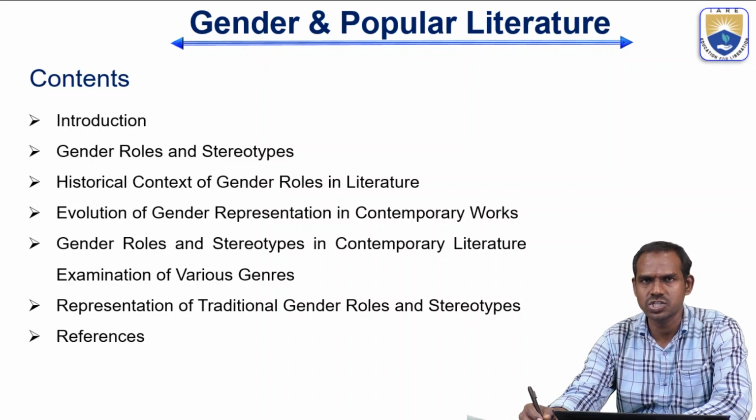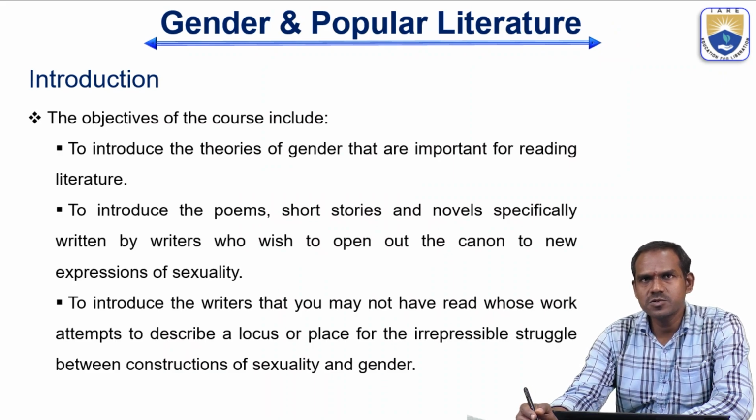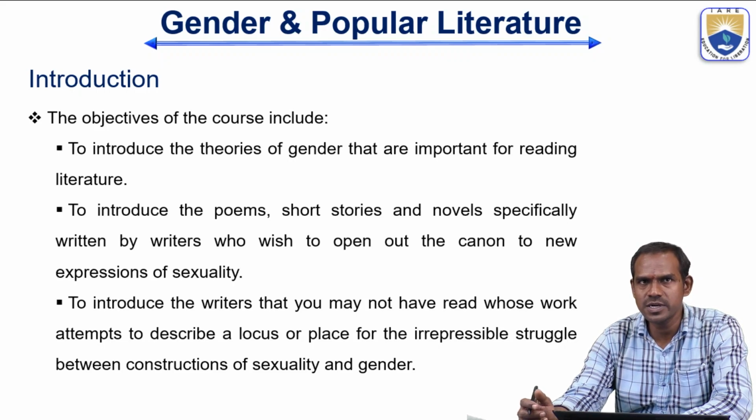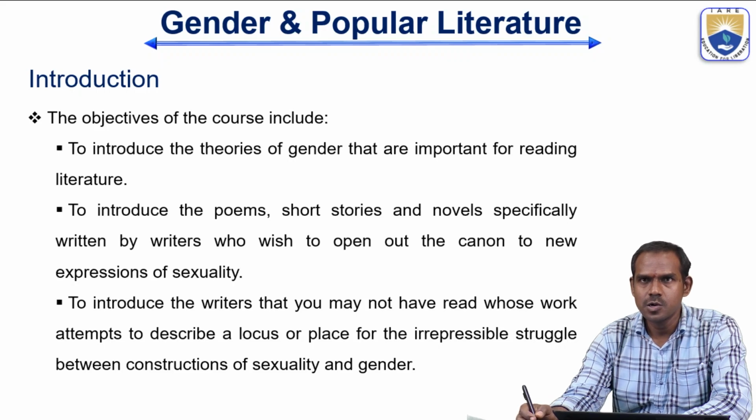First of all, introduction. So, the objectives of this course, gender and popular literature, include to introduce the theories of gender that are important for reading literature. And the second objective is to introduce the poems, short stories and novels specifically written by writers who wish to open out the canon to new expressions of sexuality.